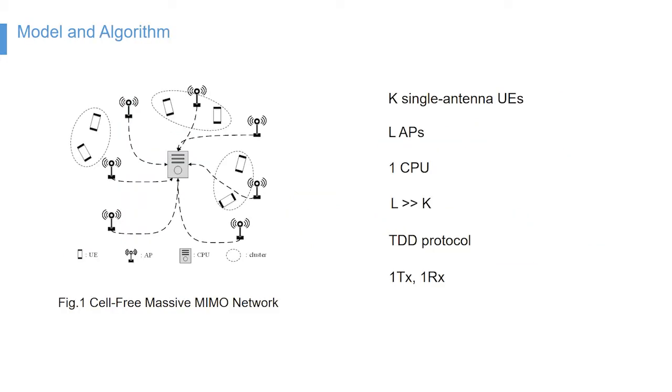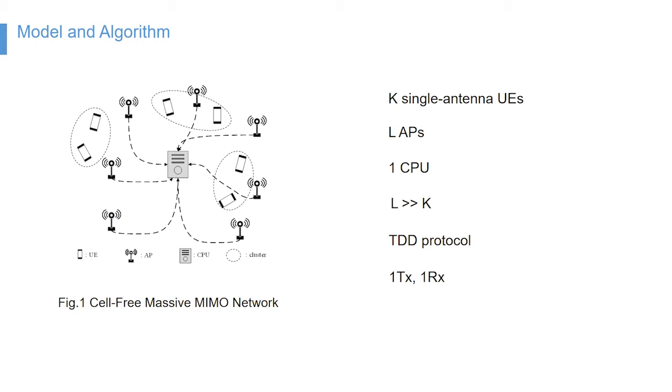As shown in Figure 1, this article considers a cell-free network composed of K single-antenna UEs and L access points, AP. Each AP is equipped with an antenna and is arbitrarily distributed in the covered area. These APs are connected to the edge cloud processor, called the CPU.